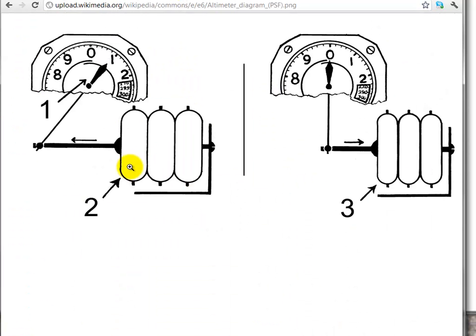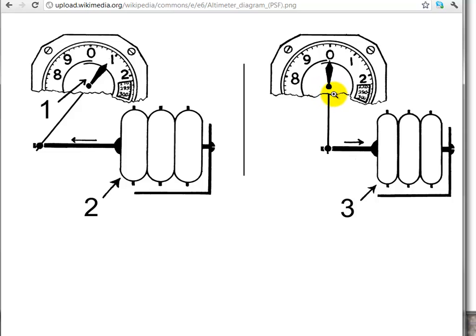If we go back to that diagram, you can see the ribs there, and when it expands, it pushes this lever which turns that dial. That's the basic principle of how it works. And when it contracts, it pulls the lever back, which then pulls the needle back.